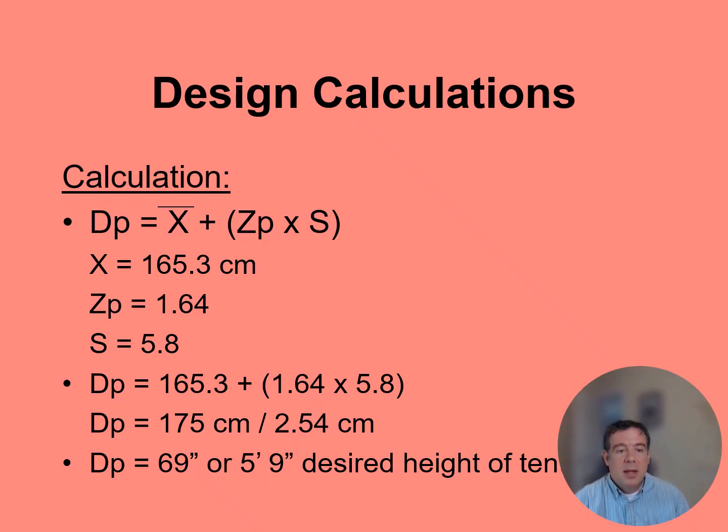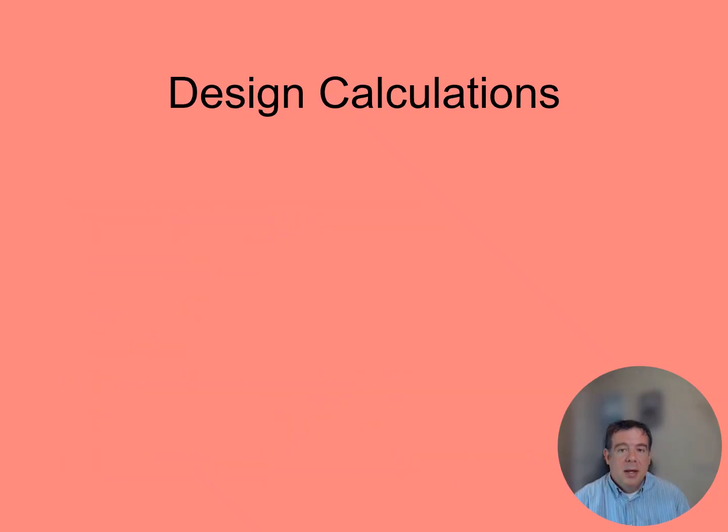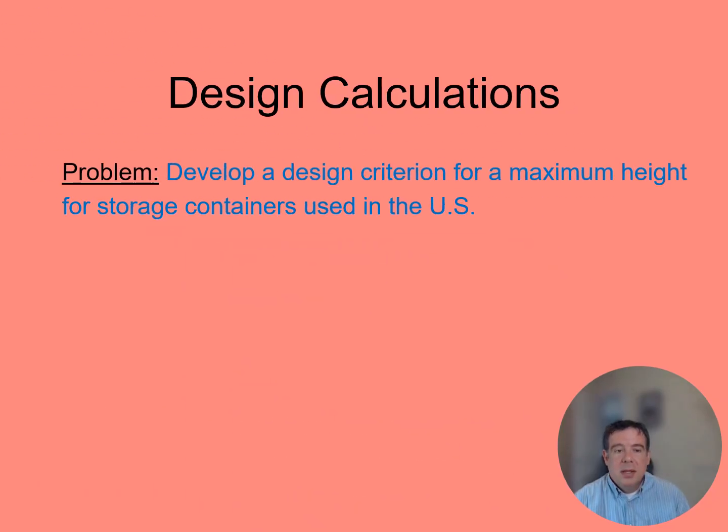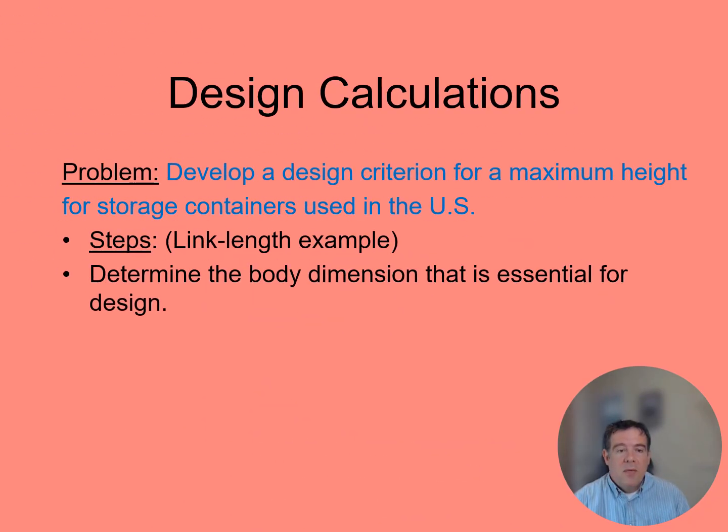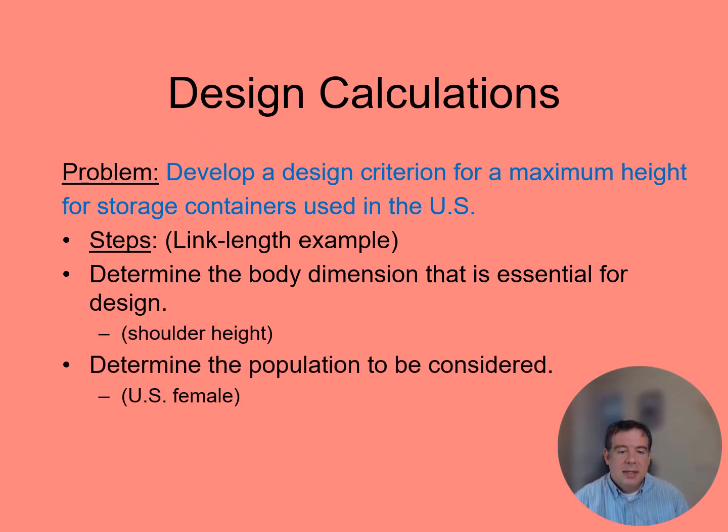And so then we can apply that to figure out our design, and what we come up with is a 5.9 for clearance for these Japanese. So same calculation if we're looking at US, if we're looking at a storage container, pretty much the same thing as the tent.